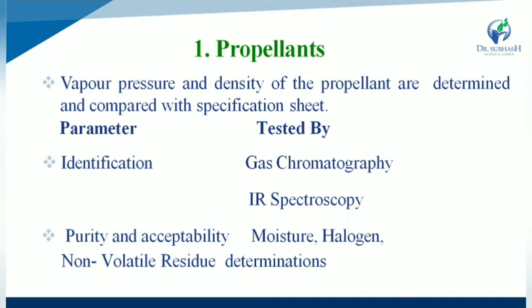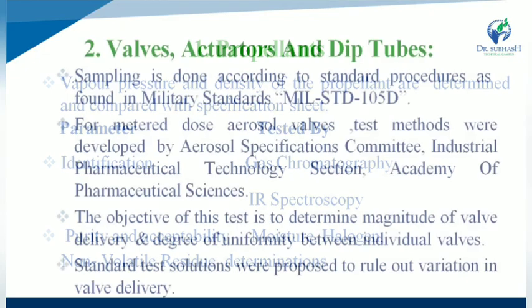Propellant identification is done with the help of gas chromatography and infrared spectroscopy, while purity and acceptability are checked by moisture and halogen detection as well as non-volatile residue determination.